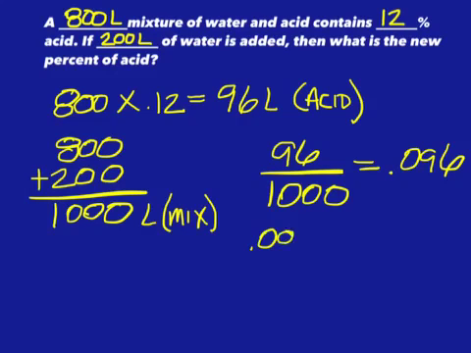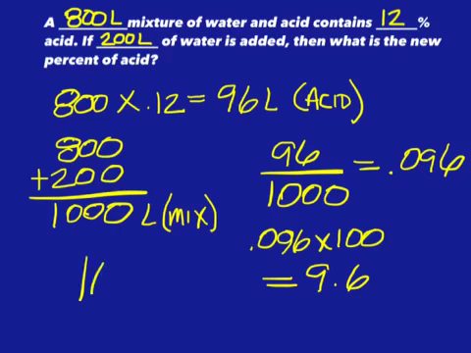You must multiply that by 100 to figure out what the actual percent is. That is 9.6. You should round it to the nearest percent. 9.6 rounded is 10%.